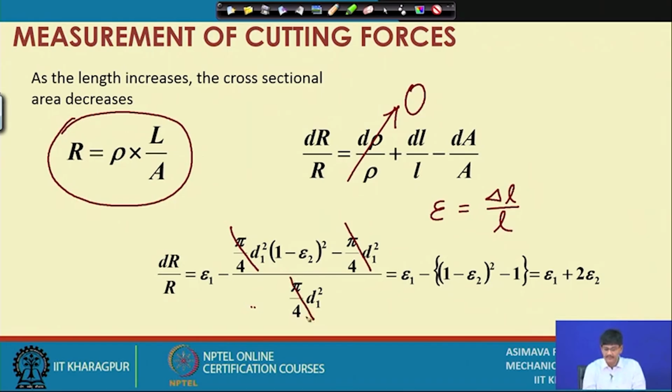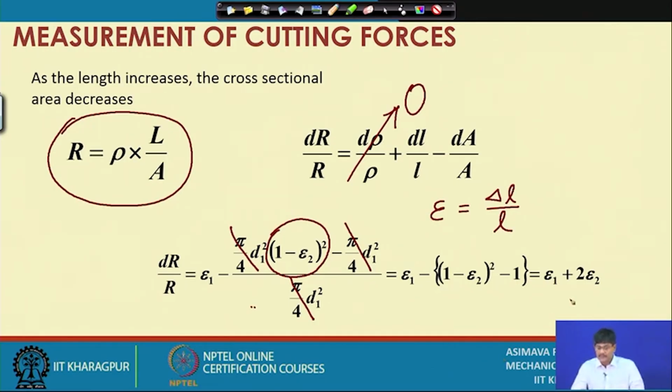So, this is simply this term minus 1. Okay. So, that is what has come. So, if we expand it binomially, or not even binomially, if we say that this is a minus b whole square, the square of that strain term we neglect. So, that when we consider all these signs, out comes epsilon 1 plus twice epsilon 2.